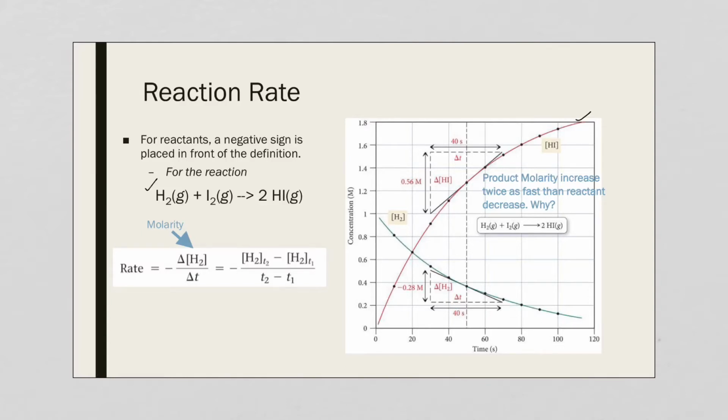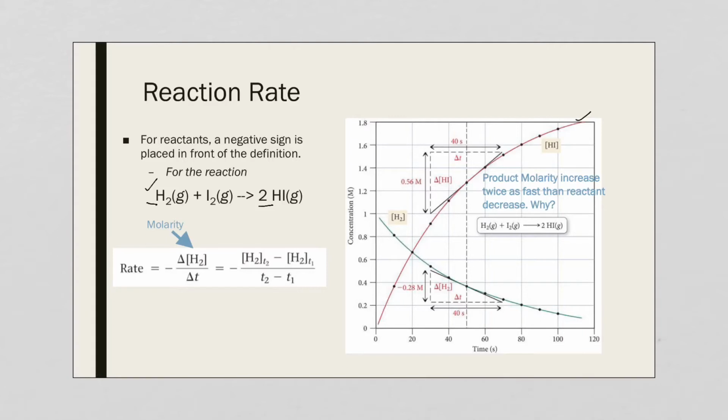Now, one thing to note here is the curves do not look identical. Of course, one's increasing and one's decreasing, but beyond that, they look different. They have different slopes and so forth. That comes from the fact that we have different coefficients in our reaction. Every time we use up 1 mole of H2, we produce 2 moles of HI.